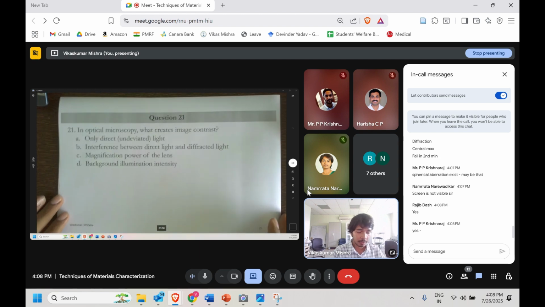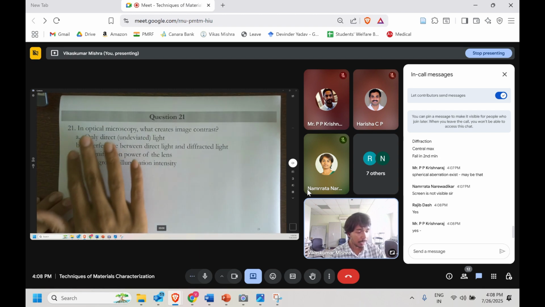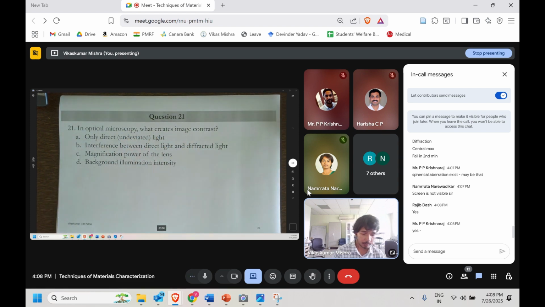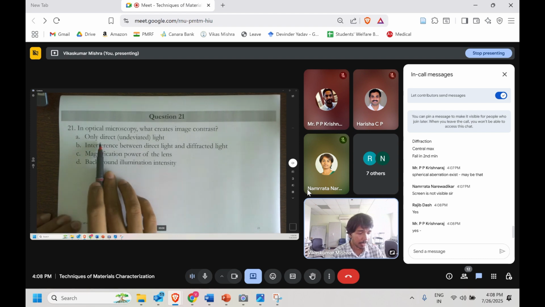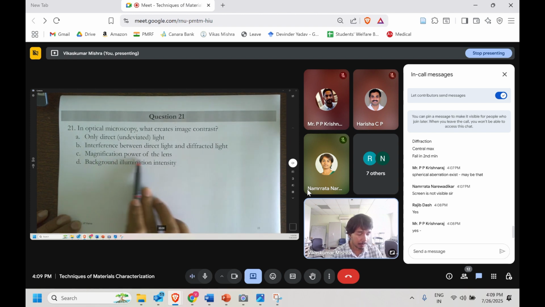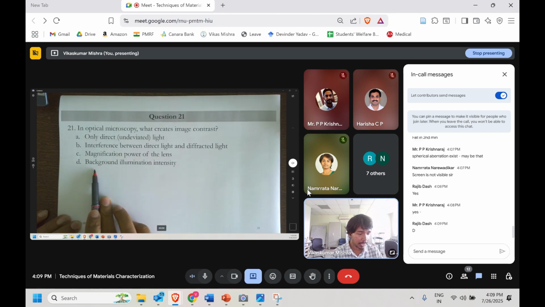Yeah, so now we are coming to the good questions. In optical microscope, what creates the image contrast? Only the direct beam, interference between the direct light and the diffracted light, magnification power of the lens, background illumination intensity. Rajiv is telling that it is the background illumination intensity.